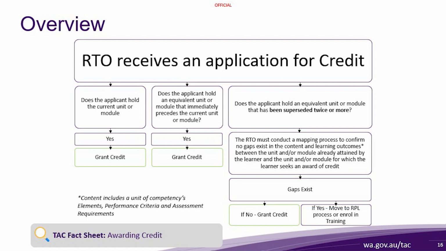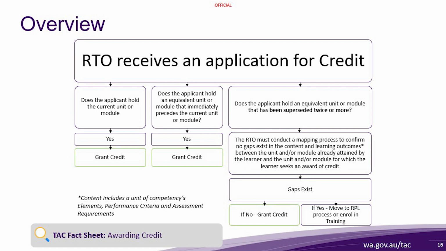And those two boxes and those two credit granting activities are both administrative. They do not require subject matter expertise because all the information that you need is written in the current unit of competency, either by virtue of its title and code or by its mapping, which refers to a unit with a slightly different title and code because it's a previous version.